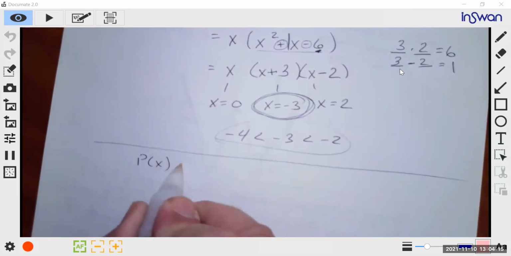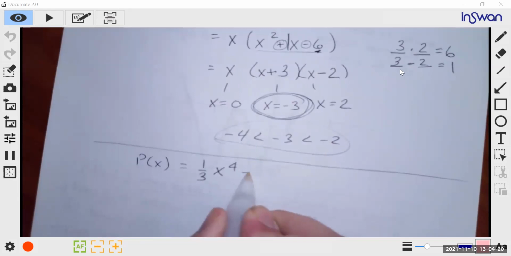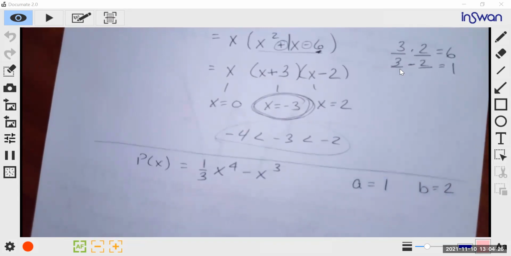Let's try this one. A equals 1 and B equals 2.